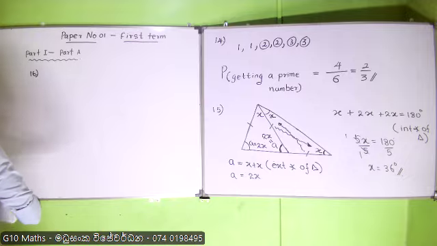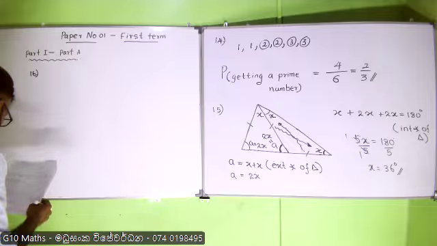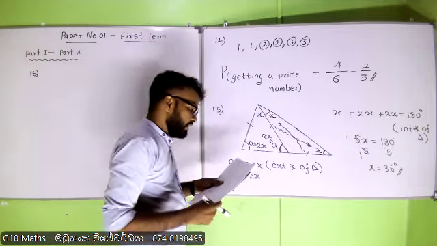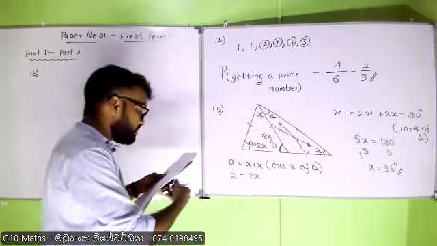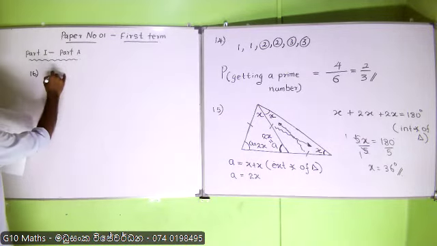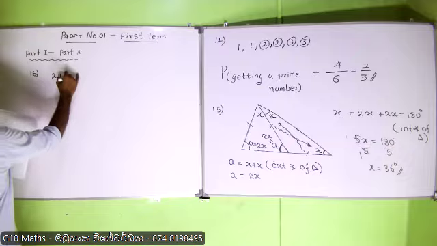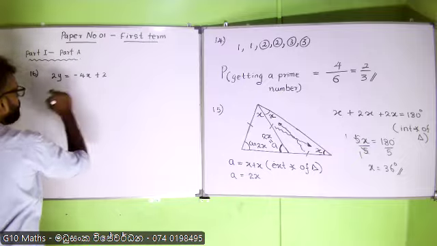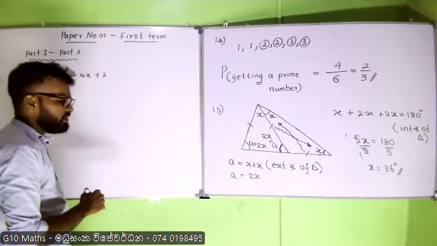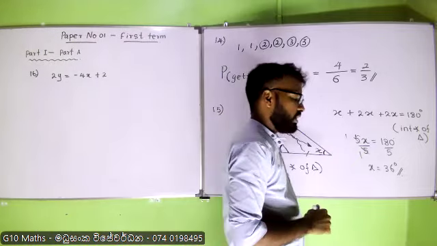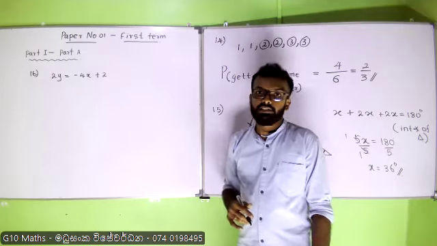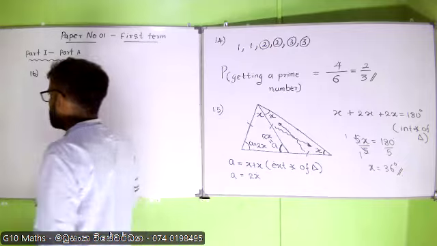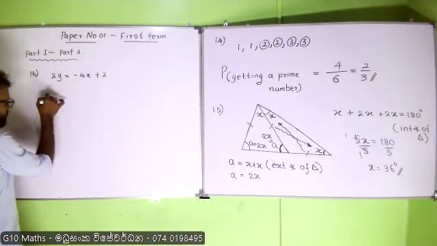16th one. Right? Write down the gradient and the intercept of the straight line given by 2y equals minus 4x plus 2. 2y equals minus 4x plus 2. So, can you remember the general form? General form of a function, right?